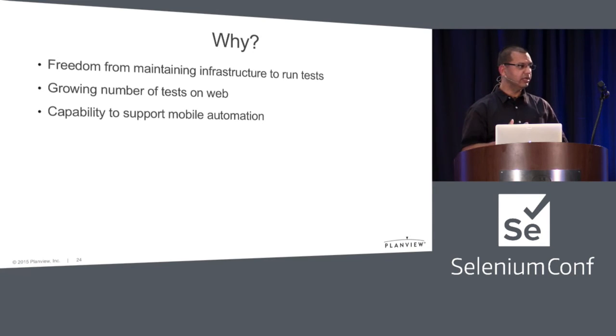Our local grid currently does not support mobile automation. So the idea of not maintaining the test infrastructure and the growing number of tests on web and mobile made us look in this direction.